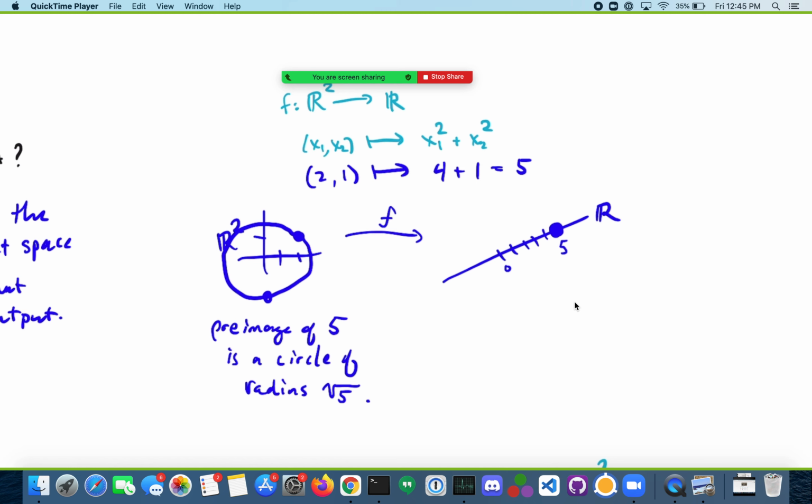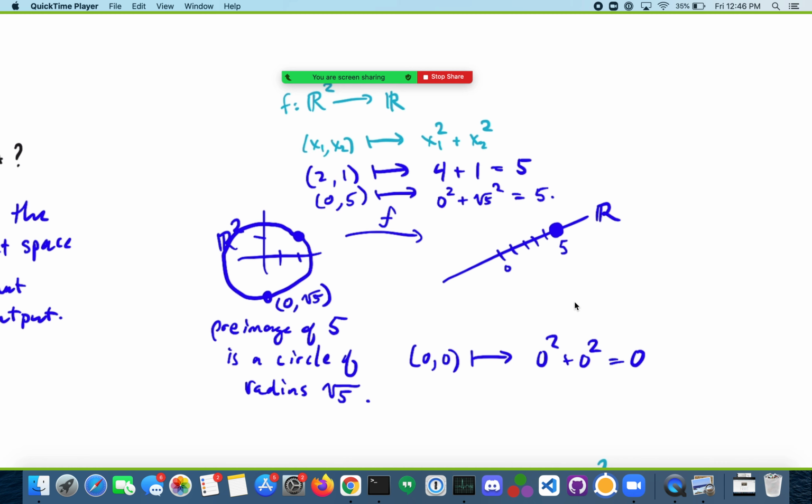Okay, so for example, this point is 0, root 5, and let's plug it in. 0, root 5 gets mapped to 0 squared plus root 5 squared. Well, that is 0 plus 5, which is 5. Okay? Other points like 0, 0 is not in the preimage of 5 because 0, 0 gets mapped to 0 squared plus 0 squared, which is 0. That is not 5.